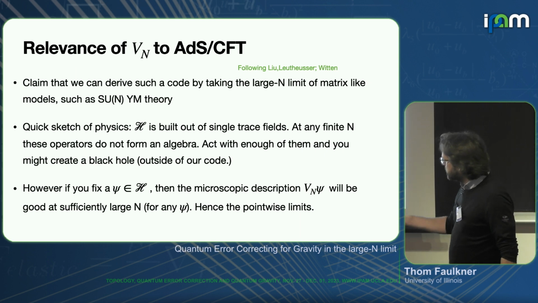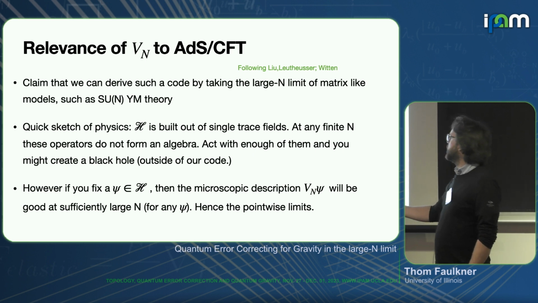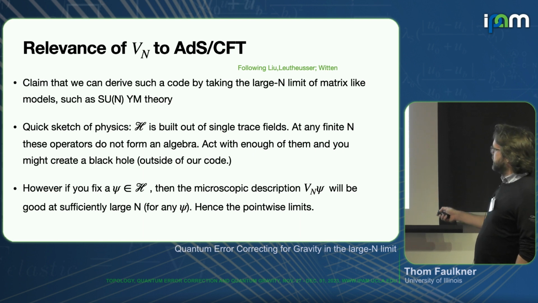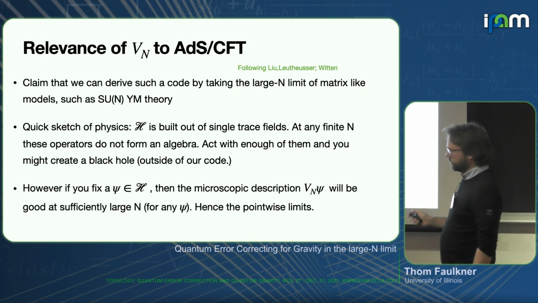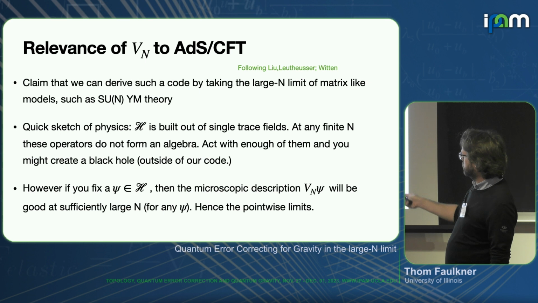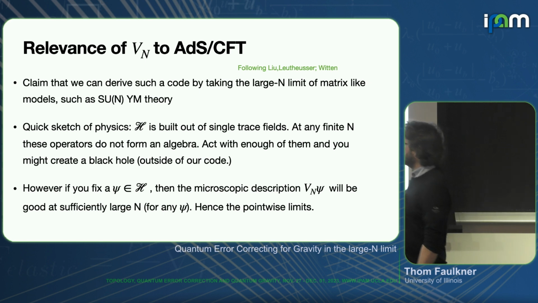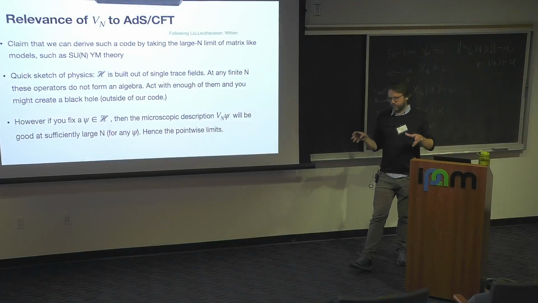However, if you fix some state in this sort of Hilbert space built out of these single trace fields, then the microscopic description at some sufficiently large N will be well described by the code. And that's why it's sort of pointwise. We have to fix the state in the single trace Hilbert space at large enough N that will be well described by the code.